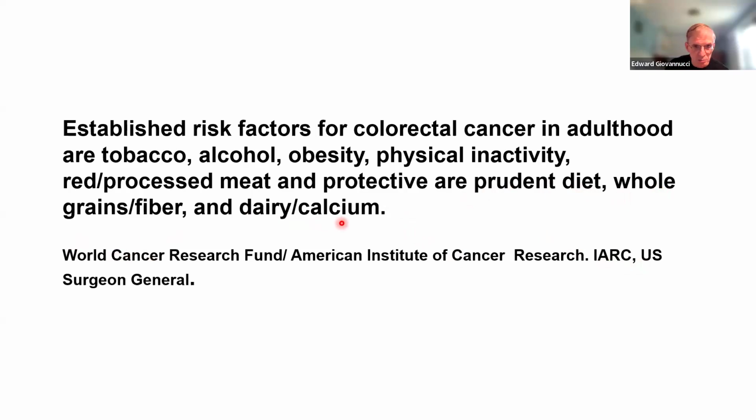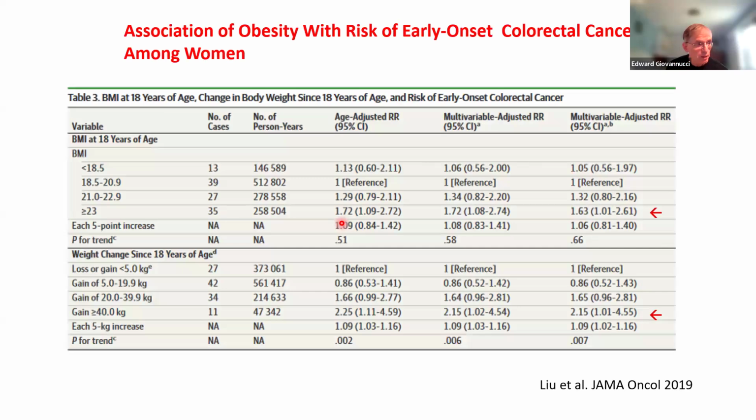These are well established in many, many studies. So our group started to look at these factors beginning in early life. I'll go through some of our findings relatively quickly, but I think you'll get the point.